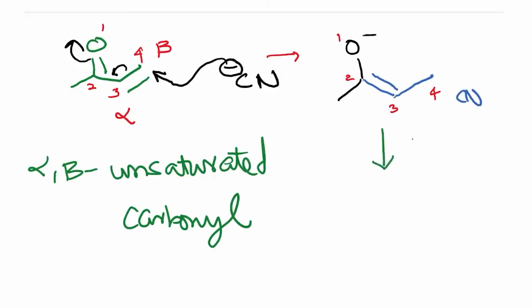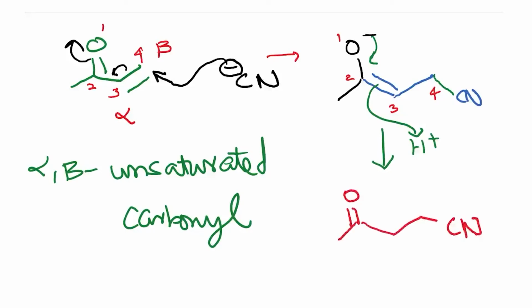Now, if this picks up a proton, basically from water, it's like an enolate, it picks up this proton, and the product that is formed is C double bond O, CN, and there's your new hydrogen that is produced, and the numbering is 1, 2, 3, 4.